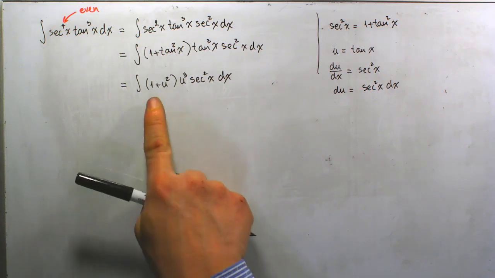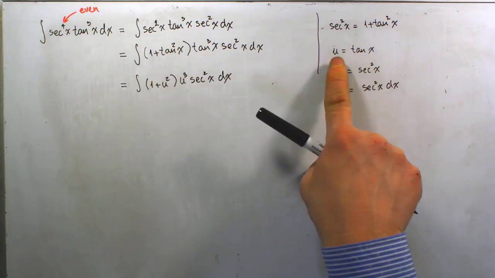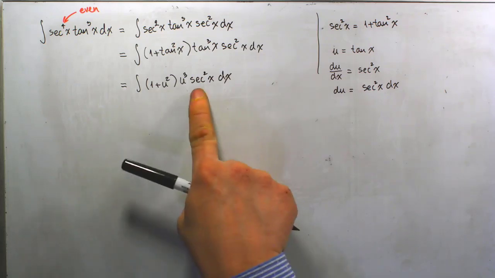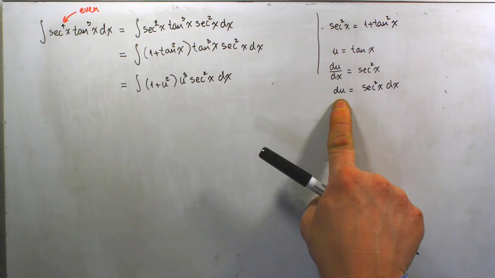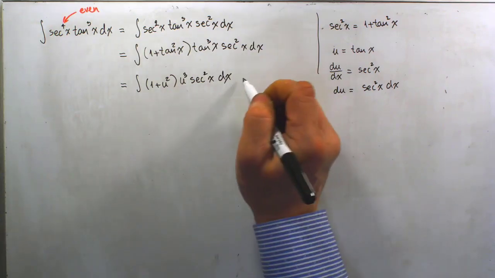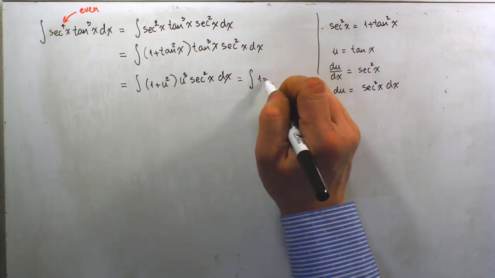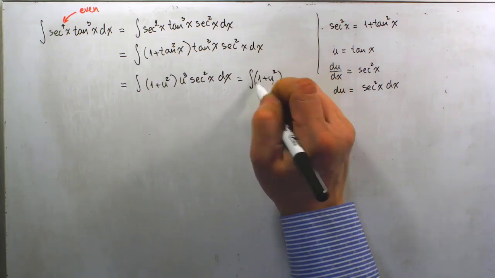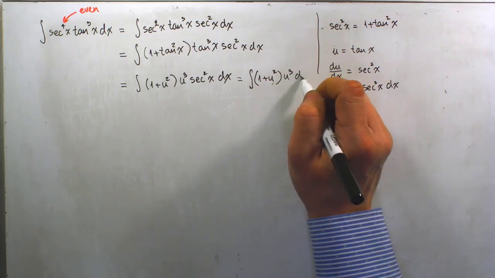So anywhere I see a tangent, I substitute the tangent by u. So that's what I get right here. Now secant squared of x dx will now in turn be substituted by du. So the integral will further become (1 plus u squared) to the power 1 times u cubed times du.